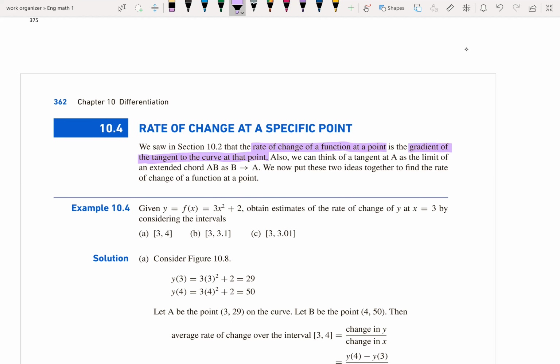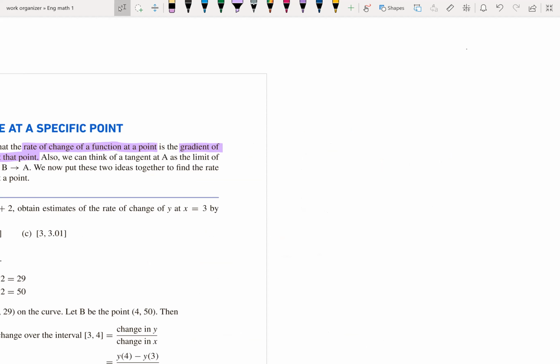Let's say we have a function graphed in this way, and we want to measure the rate of change at a point.